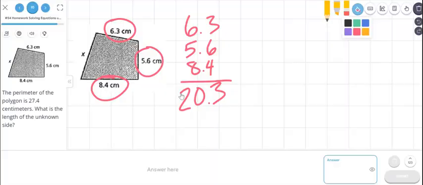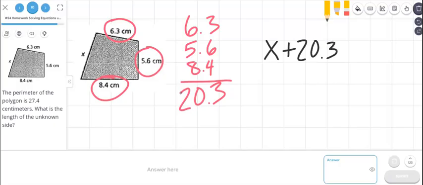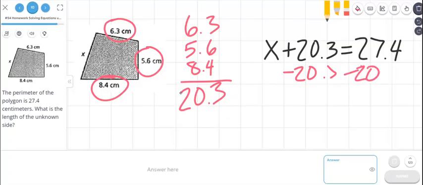20.3. So now I can write my equation: x plus 20.3 equals, and it said the perimeter was 27.4. So now we're going to go minus 20.3, minus 20.3.